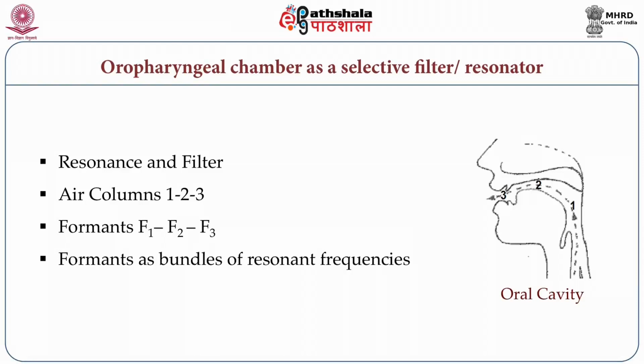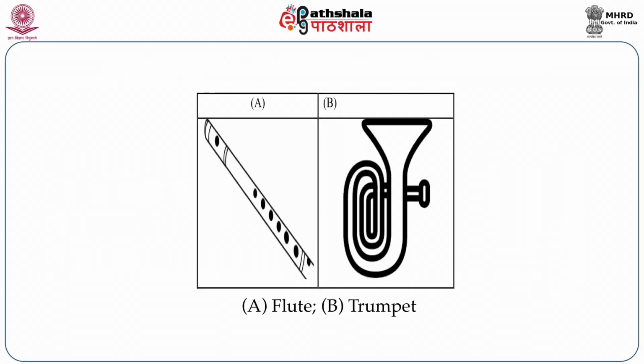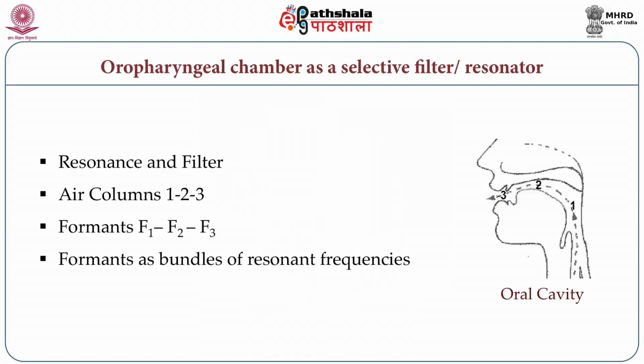The slide before you shows the air columns, because in the earlier unit we had compared air columns like a flute and a trumpet. The flute had a straight pipe, and the trumpet had a very complex pipe turning over and over and changing the size and shape of the air column through its course. The oral chamber is like a bent pipe, a bent air column, as you can see in the picture.